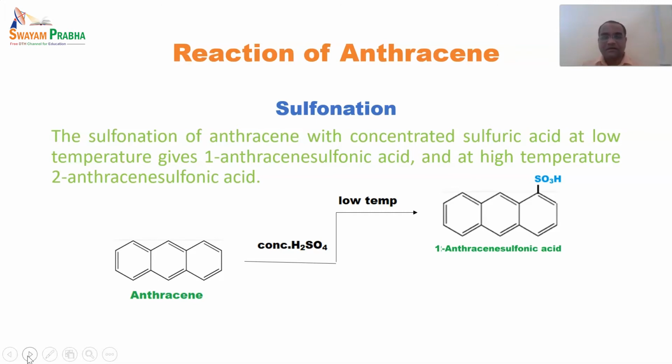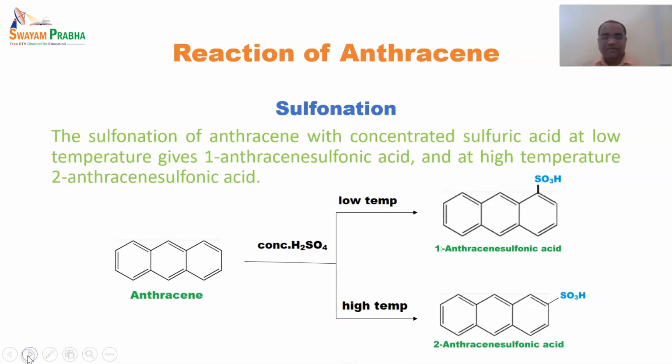This is an alpha substitution, that we get first substitution at the first position, anthracene sulfonic acid at low temperature, and at high temperature it is 2-anthracene sulfonic acid, substituted at the beta carbon.